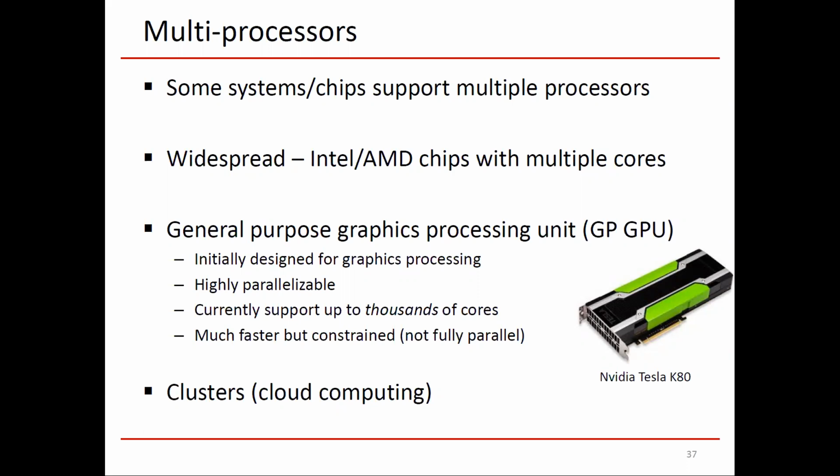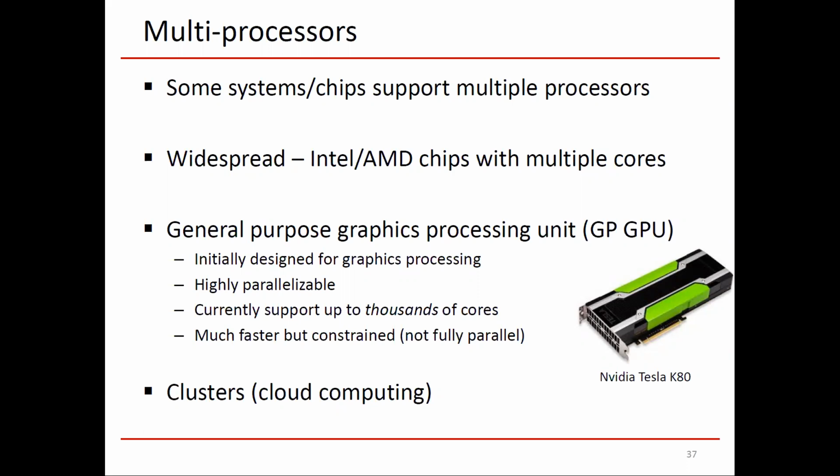And then you have things where the number of processors is much, much higher. These are general purpose graphics processing units, GPUs. Initially, years ago, they were designed for graphics processing, but some years back, people realized that they're useful for scientific programming, especially if you need to run in parallel a lot of computational tasks that are basically almost identical except for the data flow.